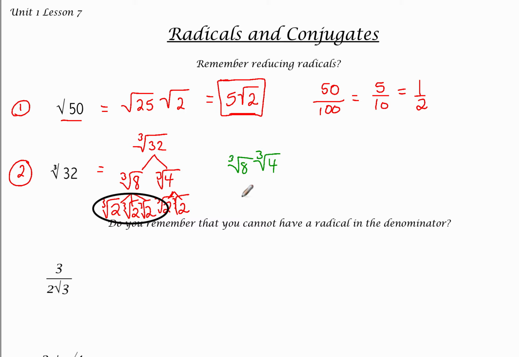The cube root of 8 is 2, and the cube root of 4 does not exist. So in example 1 we're looking for perfect squares, which means 2 numbers that multiply together. And here we're looking for perfect cubes, which means 3 numbers that multiply together.